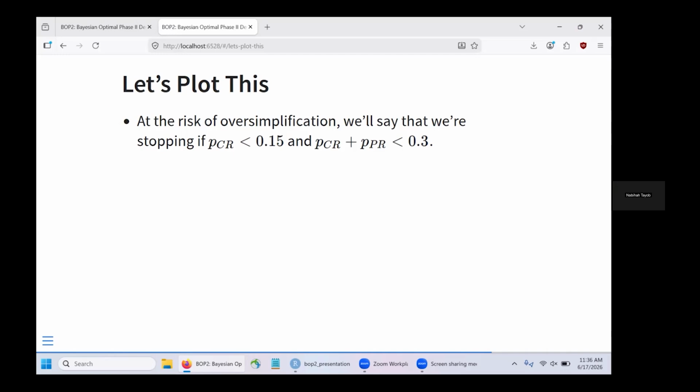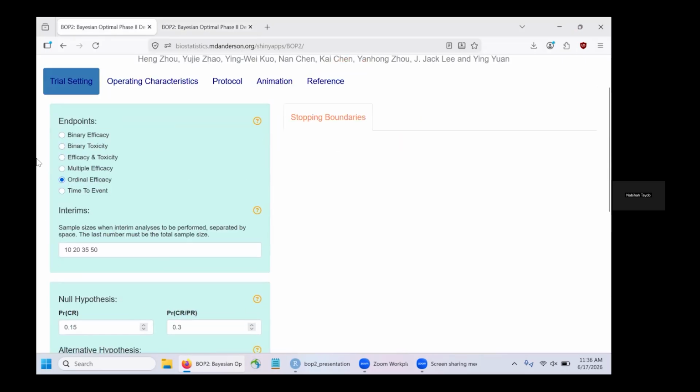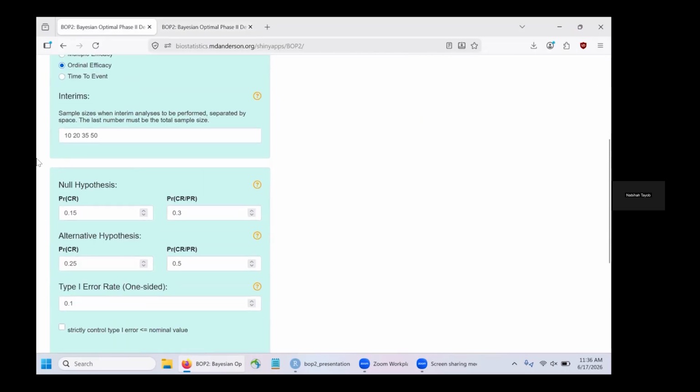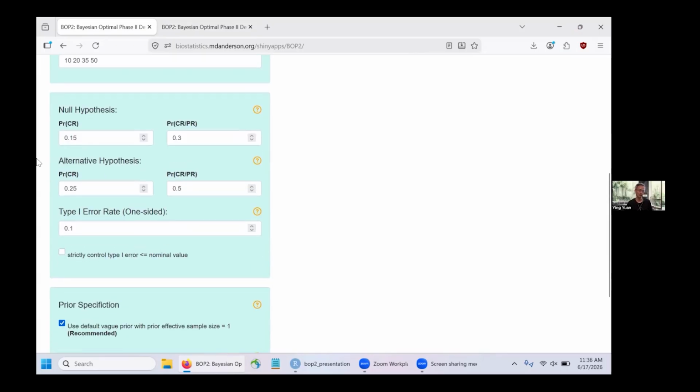You could make CR be just any response, CR or PR, and then make the PR category instead be stable disease greater than 6 months. Yeah, exactly. So you can look at CBR, clinical benefit rate, as one and ORR as the other, right? The clinical benefit can include stable disease.